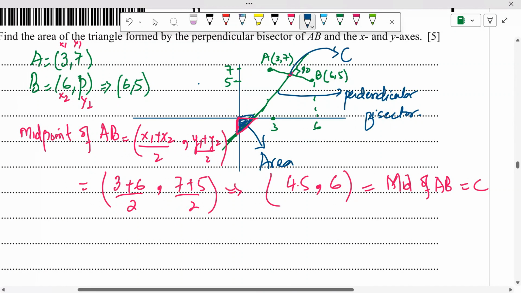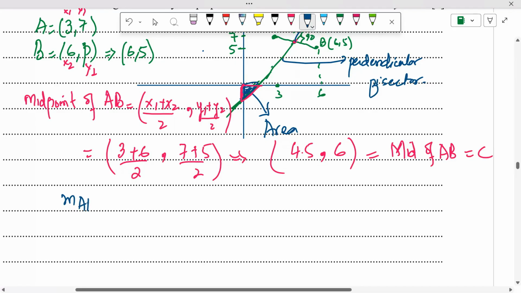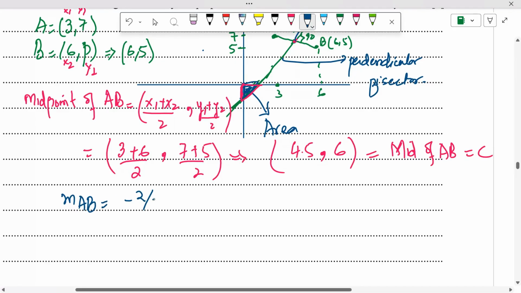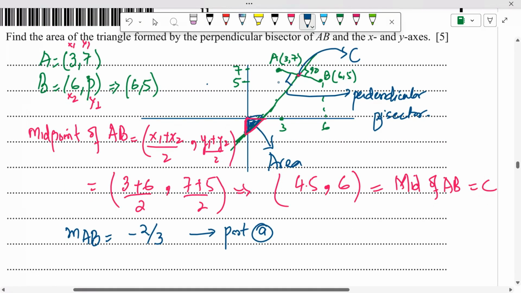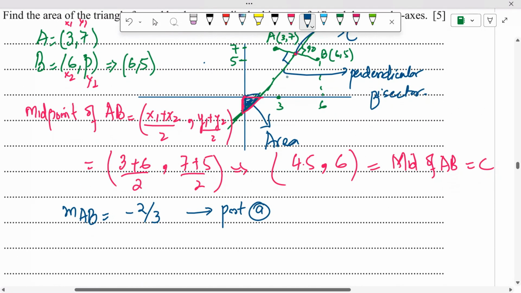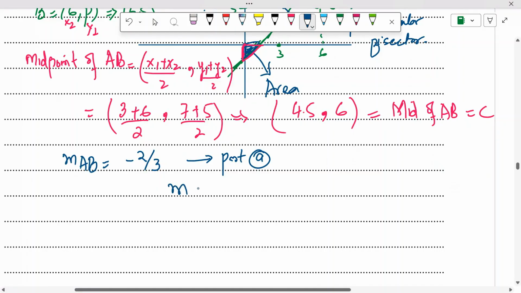This is point C. We have the slope of AB, which is -2 over 3 from part A. We know that the perpendicular bisector and AB are perpendicular to each other, so slope of perpendicular bisector times slope of AB is equal to -1.